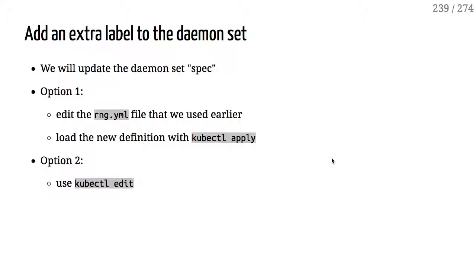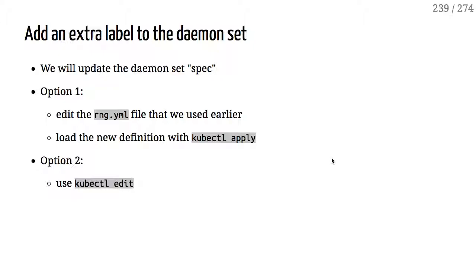I want to change my service, my load balancer. I want to say, you need to find the pods that have run equal RNG, but they also need to have is active equal yes. But if I do that, then suddenly the load balancer doesn't have any backend anymore because there is nothing that has is active equal yes at the moment.